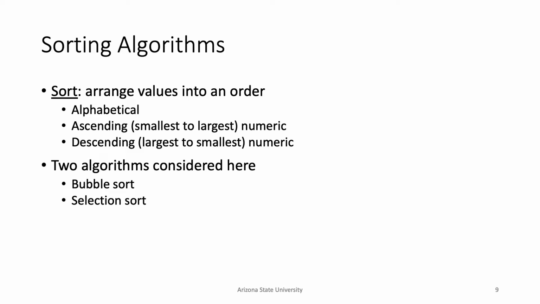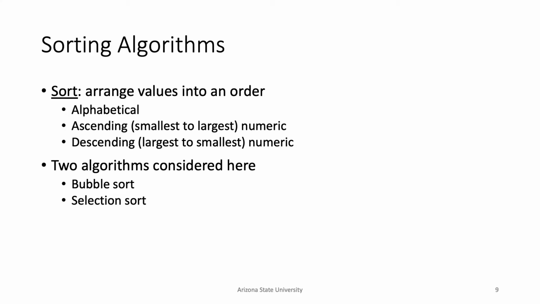Okay, so let's start talking about sorting, because for binary search to be very powerful, we have to have sort algorithms. So what is a sort? A sort is, we've got a bunch of values, put them in an order. Nothing more complicated than that. But you could have different types of sorting algorithms.